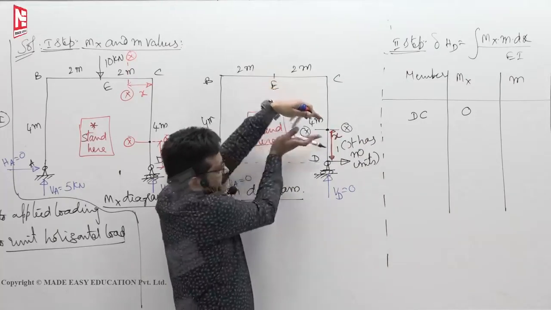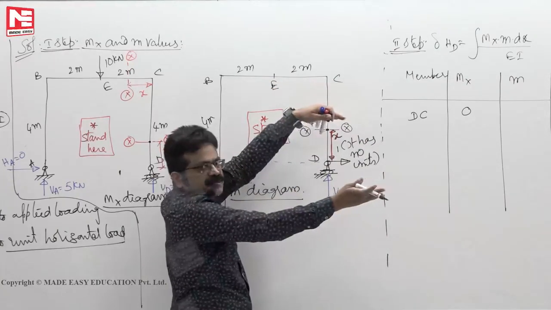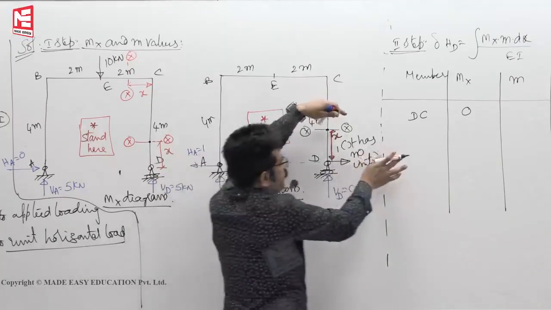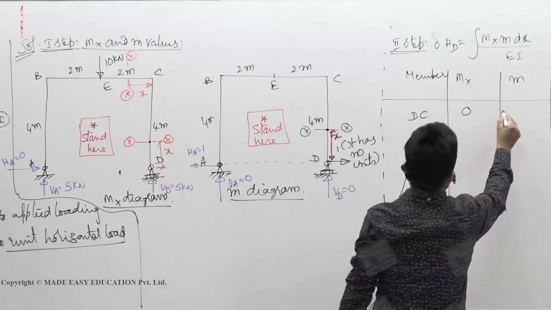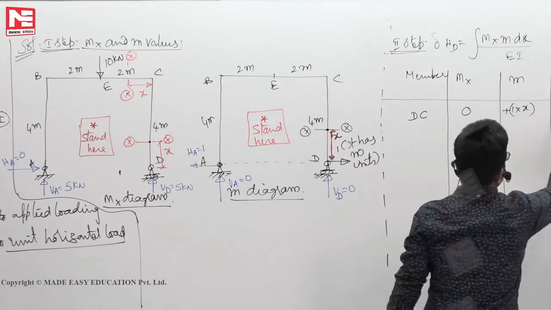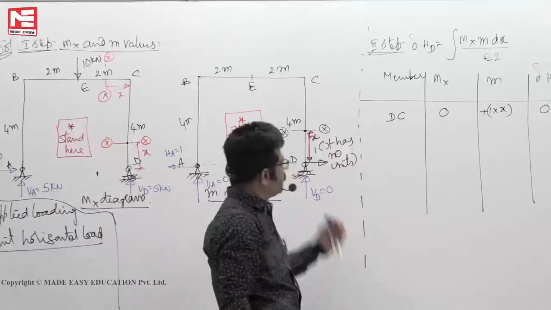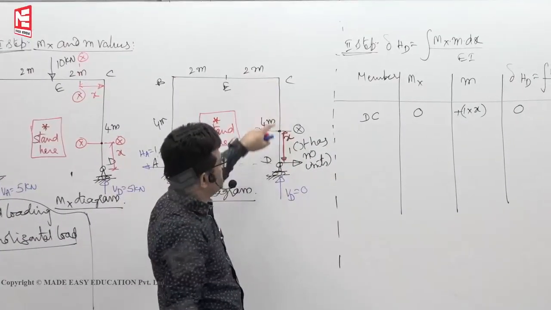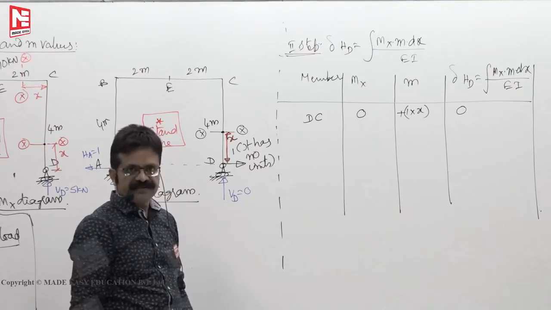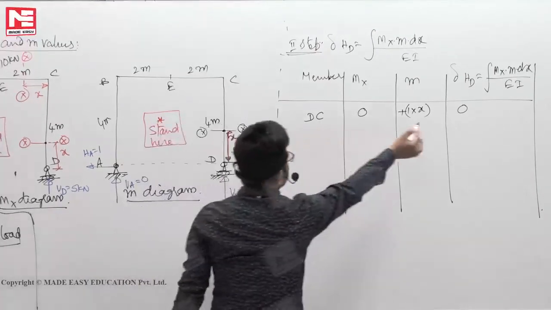When you are inside the frame, this force is acting upward, so plus 1 into x. Since mx is 0, this is also 0. Which means that the contribution of member CD to the horizontal displacement at D is nil. That is the meaning of that.